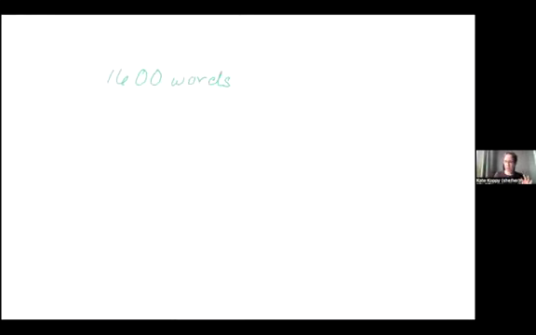That is about 250 words per page. Okay, so if we take 1,600 words and we divide by 250 words per page, we get to approximately, remember all these numbers are approximations just for planning purposes, 6.5 pages.